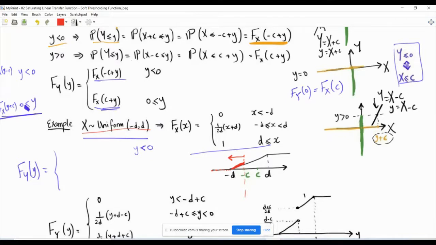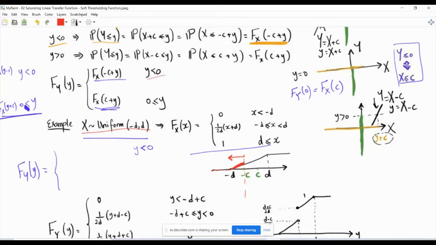If it were a single formula, you would just replace small x by minus c plus y, put it there, and you are done. But the problem is that it is a flat part equal to 0 up to minus d, then a linear part with slope 1 over 2d, and then it is flat at 1 again.